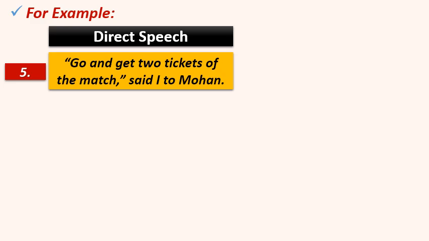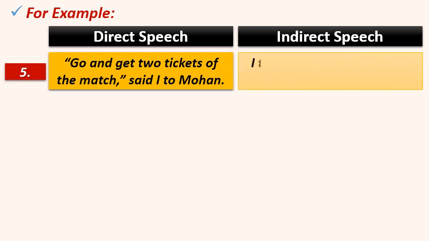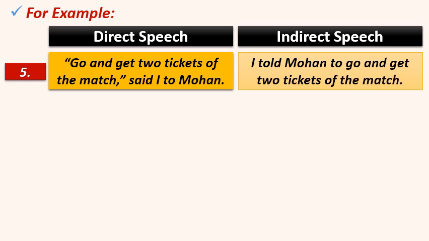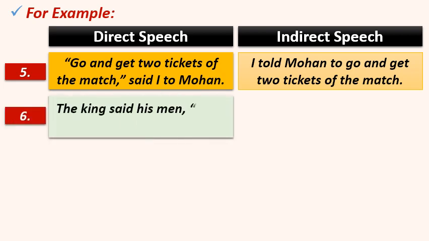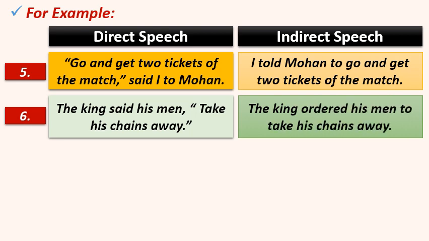When we convert it into indirect speech, the result will be, I told Mohan to go and get 2 tickets of the match. Number 6 is, the king said to his men, "Take his chains away." So the result will be, the king ordered his men to take his chains away.